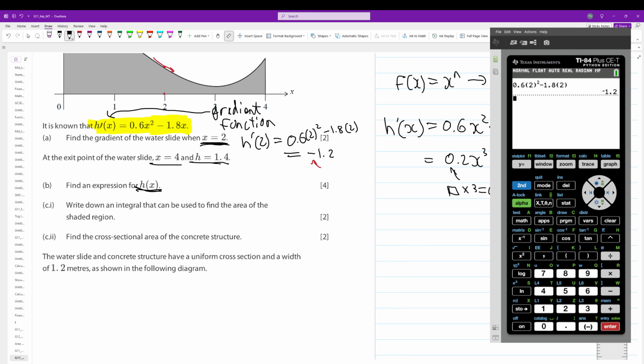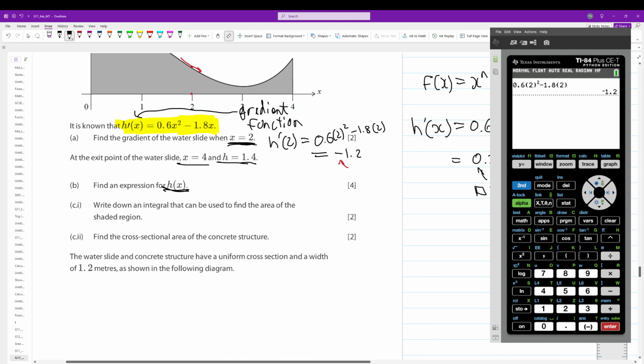Using the same logic here, something multiplied by 2 must have given me negative 1.8. So this must be negative 0.9. I could have had something here, a constant, that will bring me to a constant here, some number that I don't know.